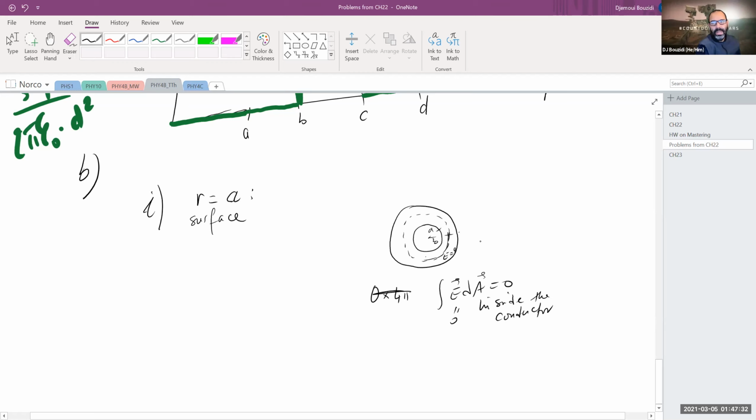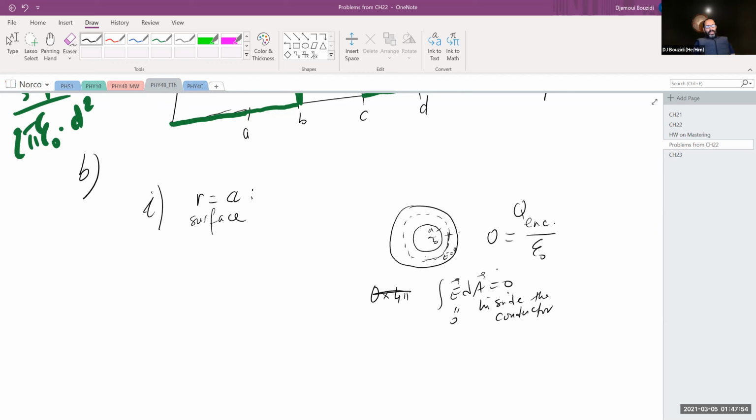This 0 then must be equal to the charge enclosed divided by epsilon naught. So what must be the charge enclosed in order to make 0 equal to the charge enclosed over epsilon naught?